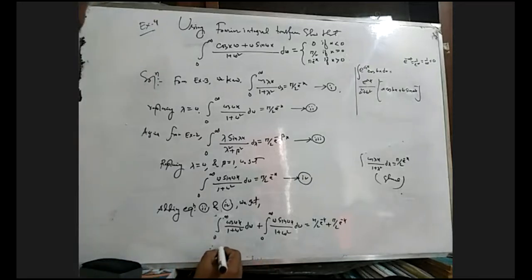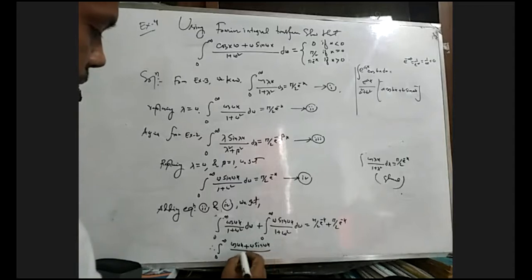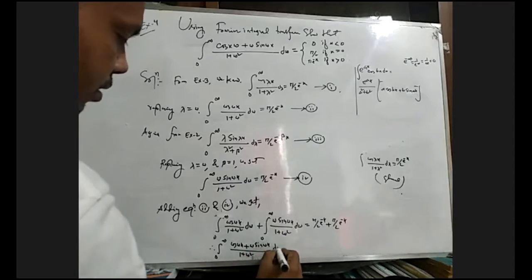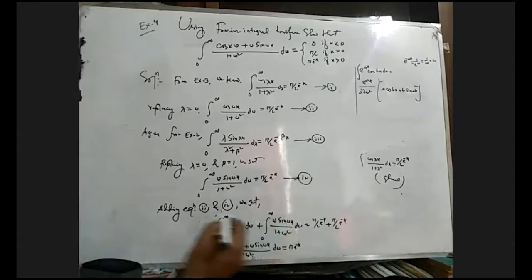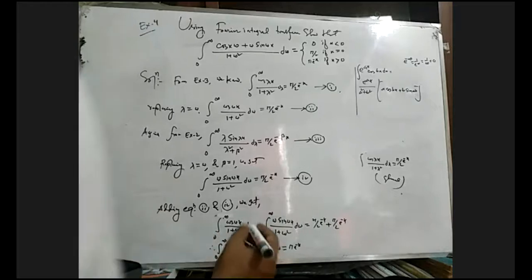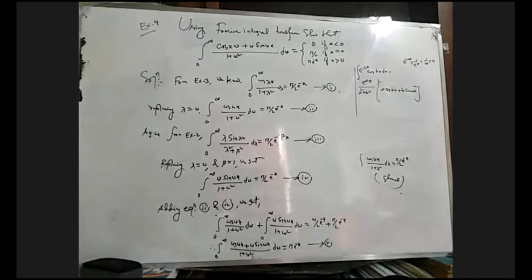Therefore, the integral from 0 to infinity of (cos omega x plus omega sin omega x) divided by 1 plus omega square d omega equals pi e to the power minus x. This is equation number 5, which is actually the required integral.